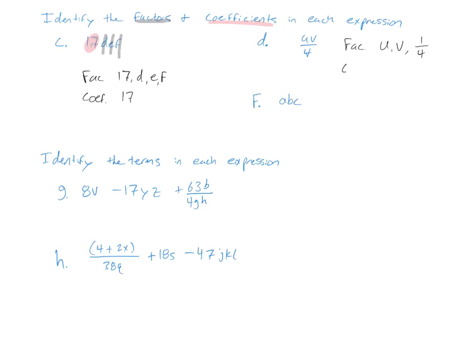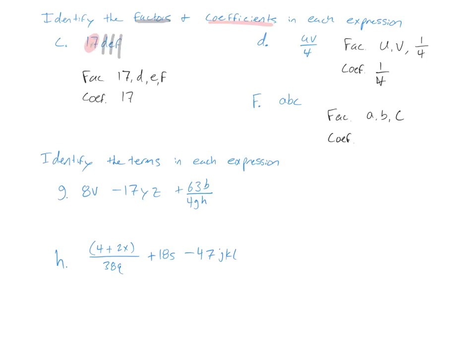And then the coefficient would just be the number part of that, the number factor, which is simply 1/4. One more on this one here. The factors here for letter F, which is just ABC, would just be A, B, and C. The coefficient would be the number part.